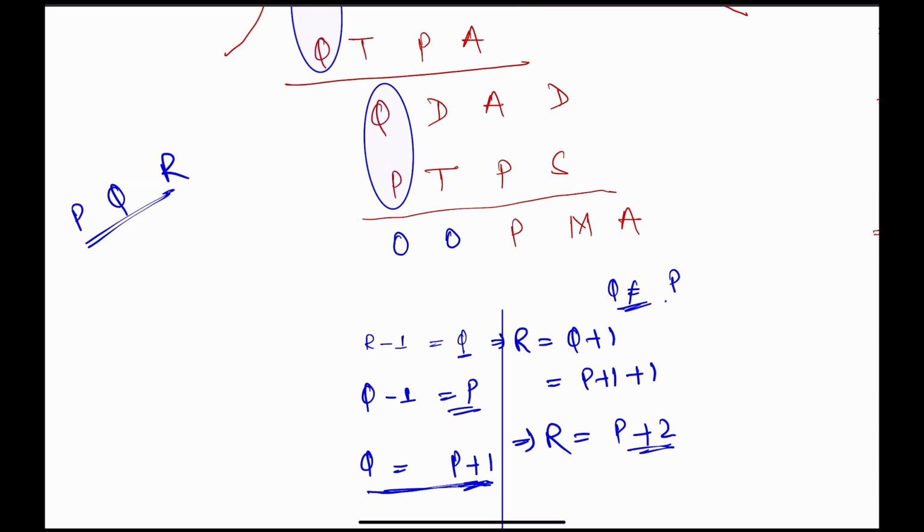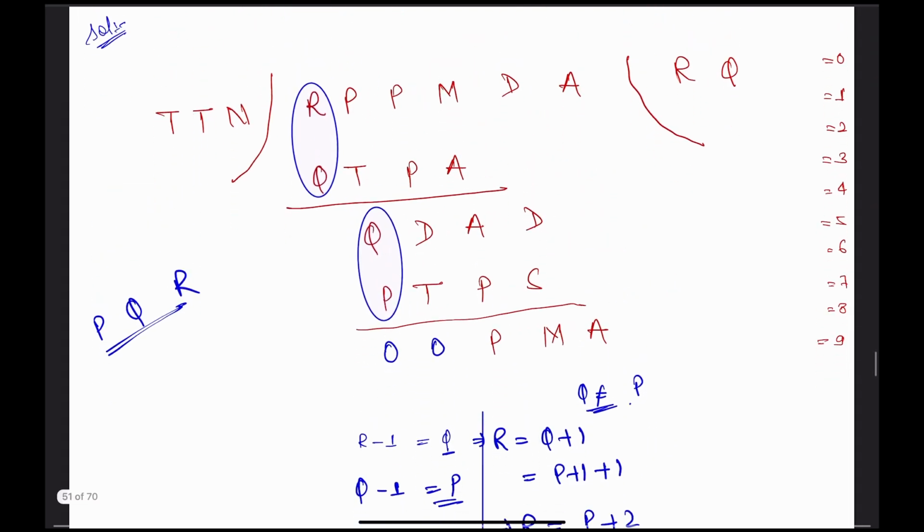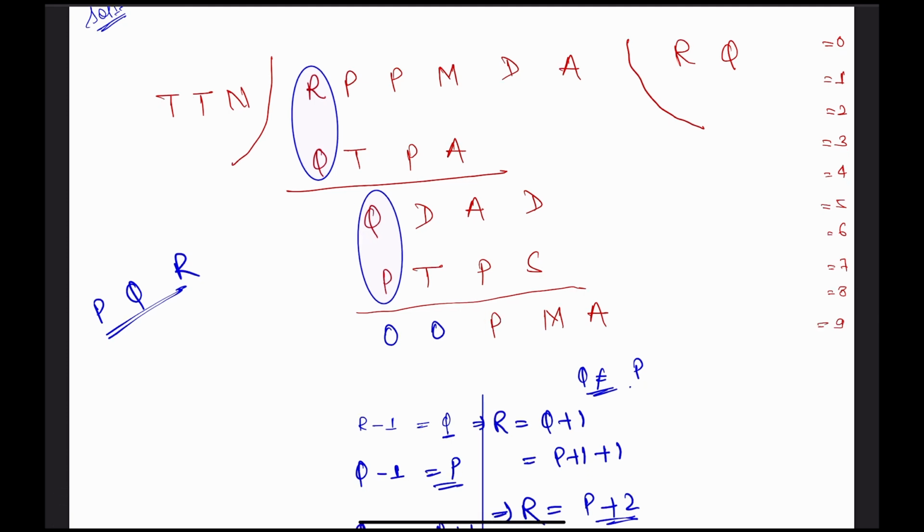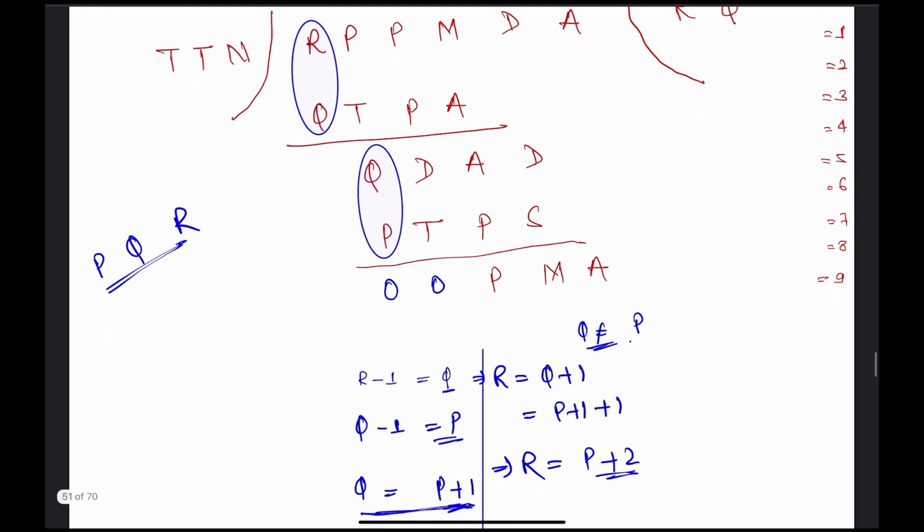Okay, so p, q, r, so this much I can visualize. So one more thing, if I see that q is giving one carry, then previously it was d minus t, so d minus t.